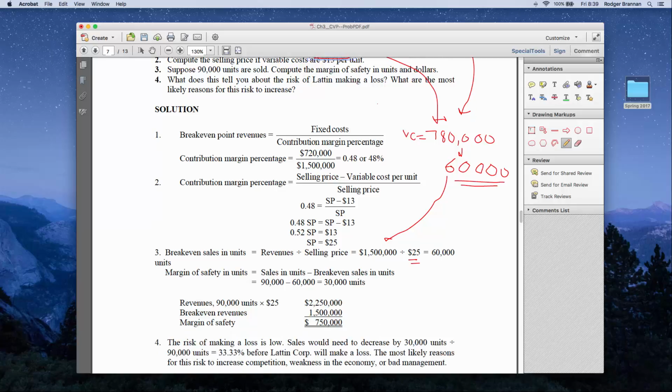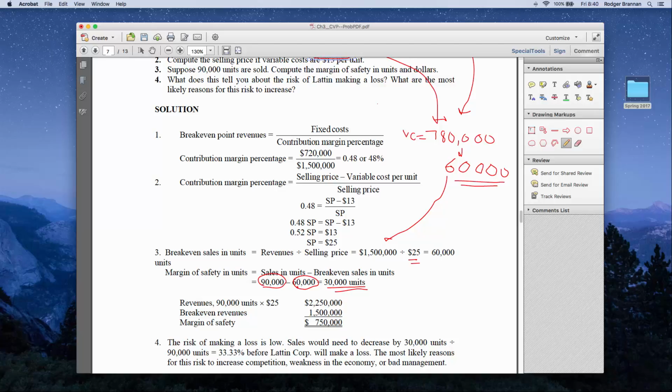All right. Margin of safety: if they're selling 90,000 and the break-even point is 60,000, then they're 30,000 units above the break-even point. So you can talk about margin of safety as being 30,000 units.